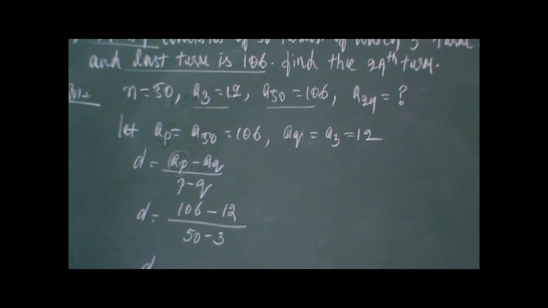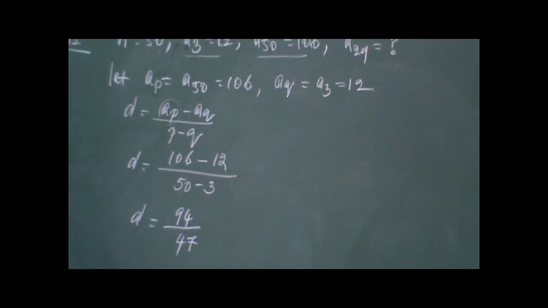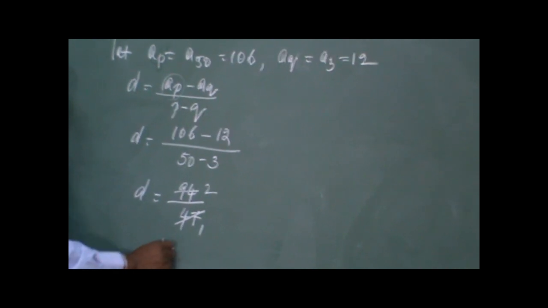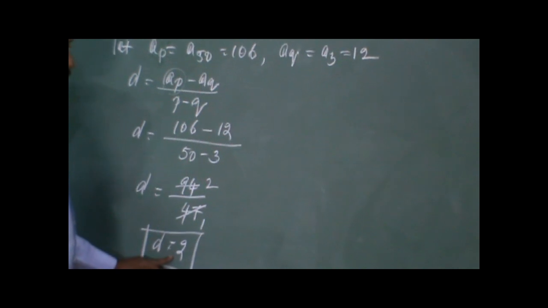So D is equal to 106 minus 12 is 94 by 50 minus 3 is 47. So 47 ones are 47, twos are 94. So D is equal to 2. The value of D is 2. So we have got the value of D.